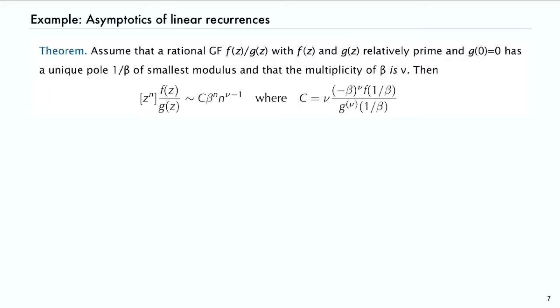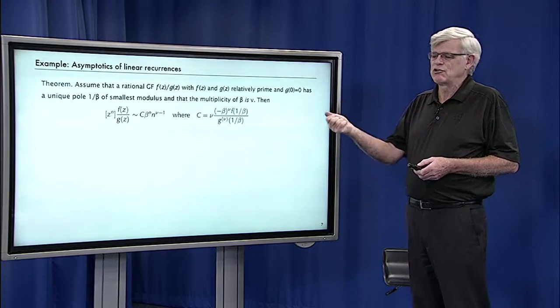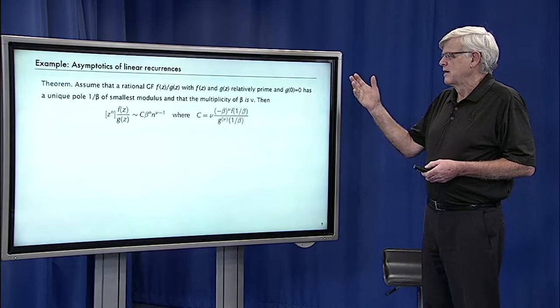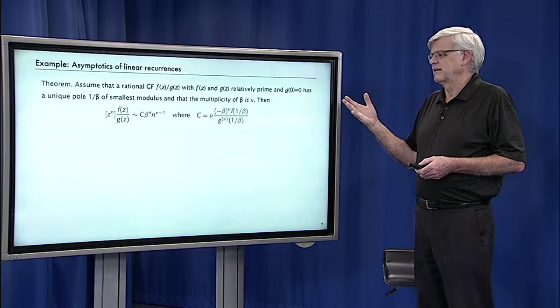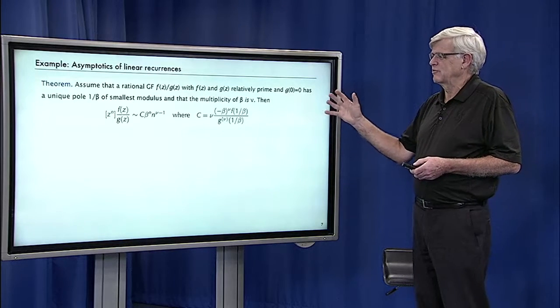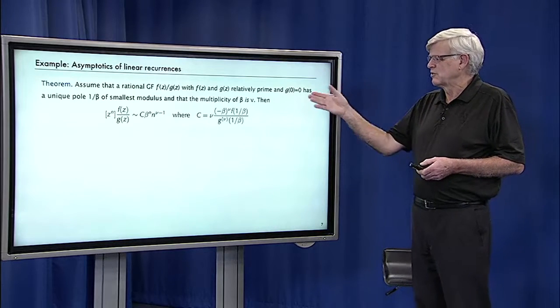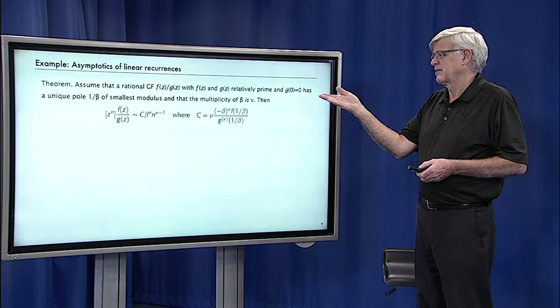And eventually we found through the use of generating functions that the quantity that we're interested in is the coefficient of z to the n in the ratio of 2 polynomials. And so what we can do with asymptotics is take a pretty complicated theorem statement that I'll show in just a second and reduce it down to actually a pretty general result.